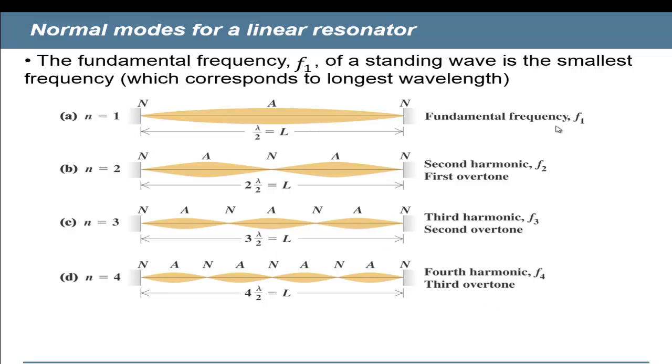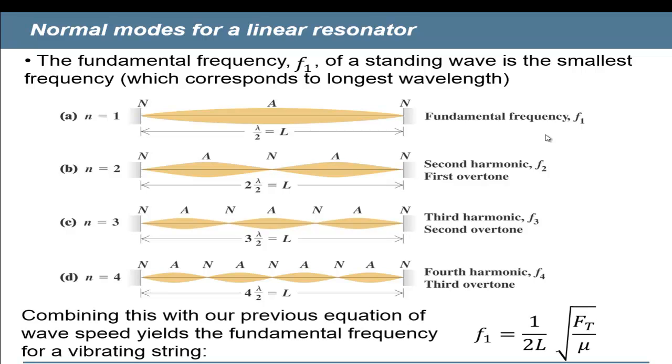If we combine this with our previous equation for wave speed, then we can get the fundamental frequency for a vibrating string, because we had wave speed in our equation for the fundamental frequency before. The fundamental frequency for a vibrating string when we have standing waves is 1 over twice the length of the string, times the square root of the tension force divided by the mass per unit length.